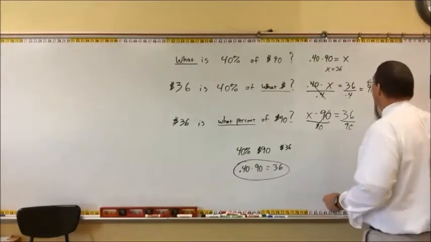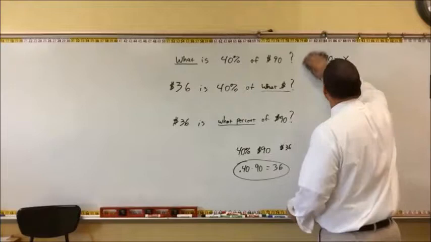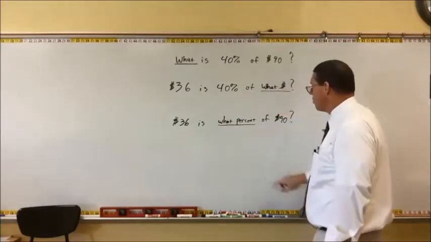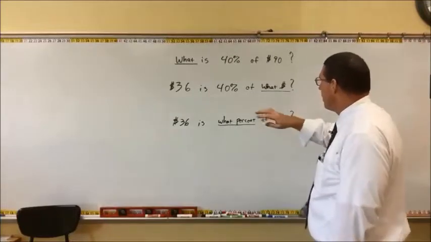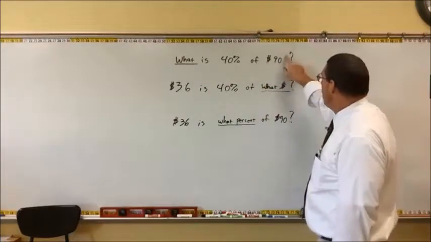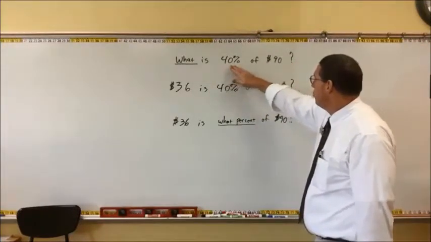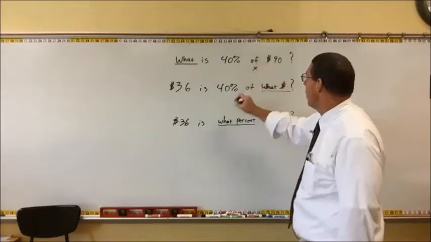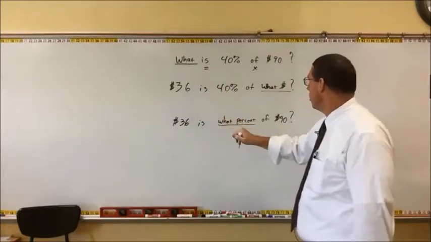When you're doing these kinds of problems, there's one chance you're going to multiply and 2 chances you're going to divide. If you know the percentage and you know the of number, you're going to multiply, because of means multiply and is means equals.